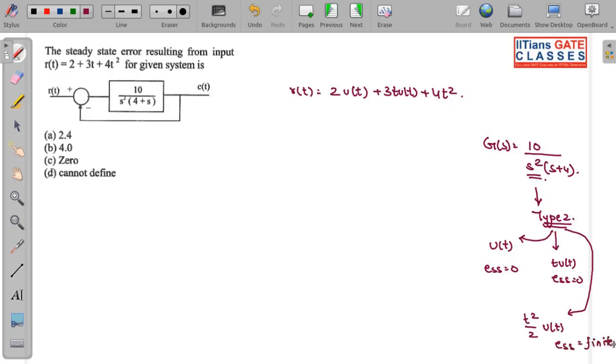So here you have your step and ramp input, so due to this your ESS will be 0. Only for this one you will have your error. So let us try to calculate that.